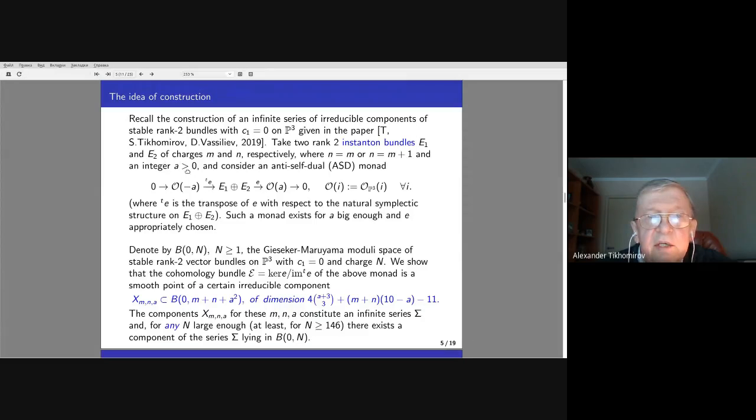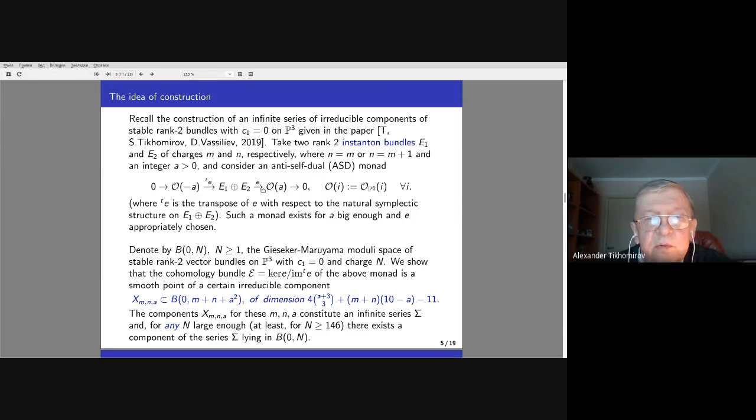And take a positive integer a, and consider the anti-self dual, shortly ASD, monad of this type: O(-a) at the left, the direct sum of these two instantons in the middle, and O(a) on the right hand. I shorten the notation by denoting O_{P3}(i) always by O(i).